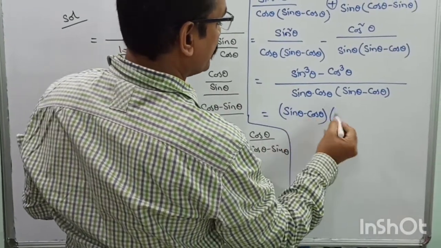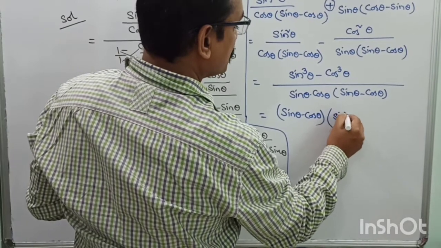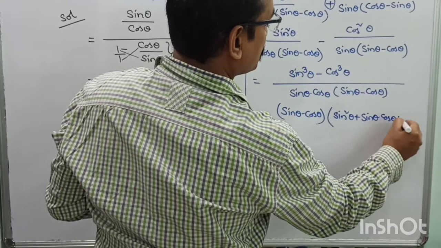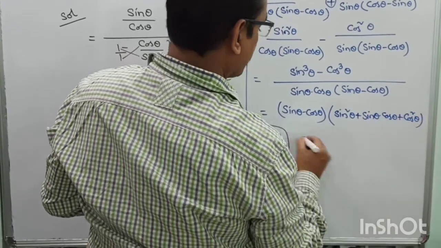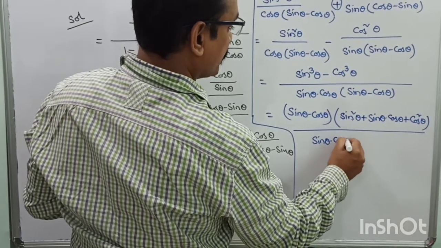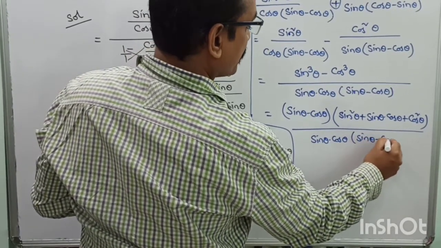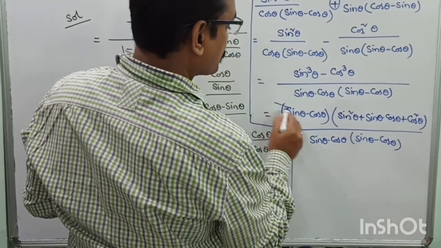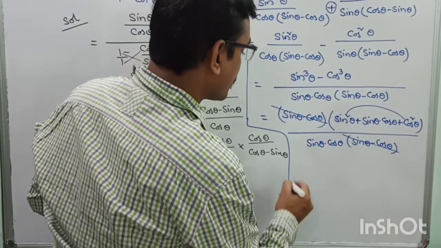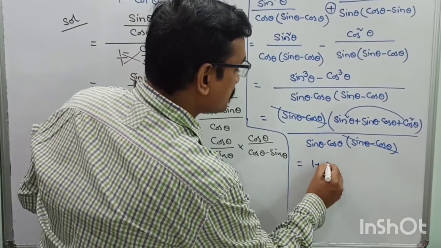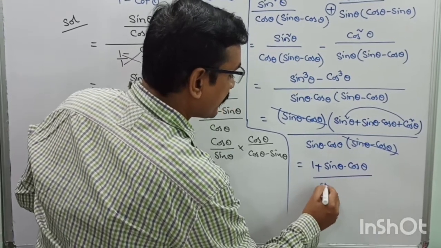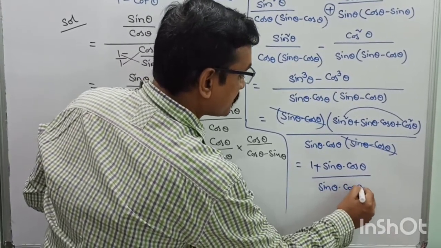So a minus b into a square is sine square theta plus sine theta into cos theta plus cos square theta by sine theta into cos theta, sine theta minus cos theta. Now these both get cancelled. Sine square theta plus cos square theta value we can write as 1. So that 1 plus sin theta into cos theta by denominator sin theta into cos theta.